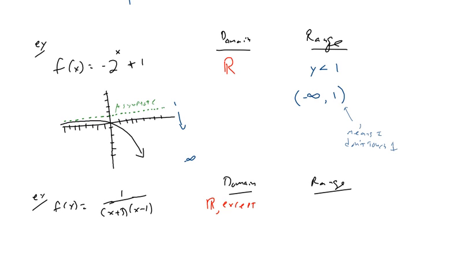Remember, with factors, the number changes sign. So if I have x plus 3, the restriction that's going to make it 0 is negative 3. Except x equals negative 3 and positive 1. Positive 1 is going to make it 0.